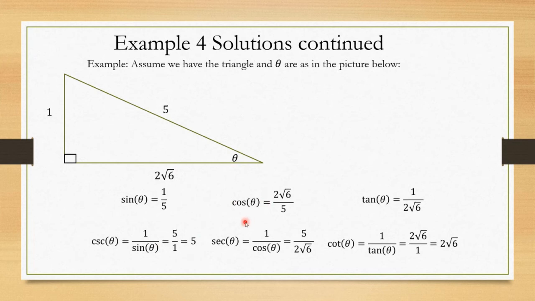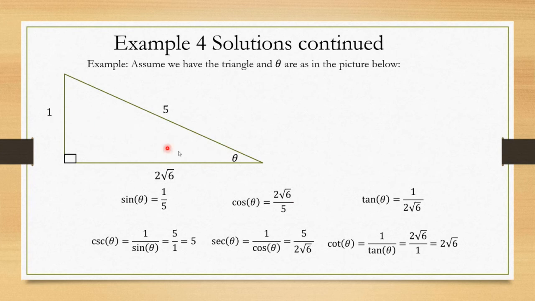Secant is 1 over cosine, right? 1 over, you invert, flip, you get 5 over 2 radical 6. Okay? Then tangent of theta is opposite over adjacent.